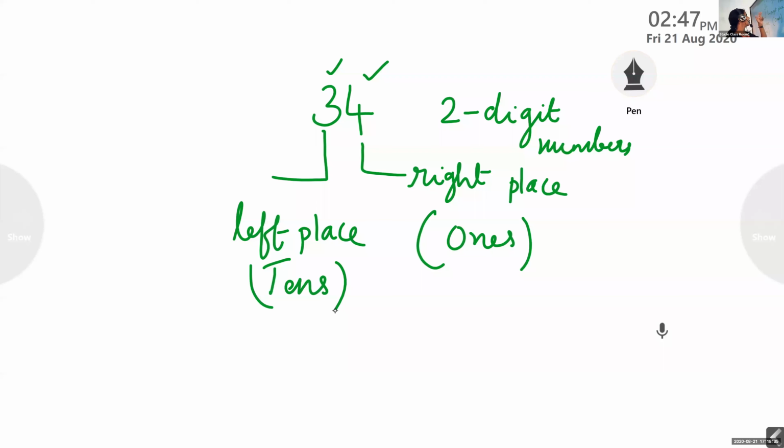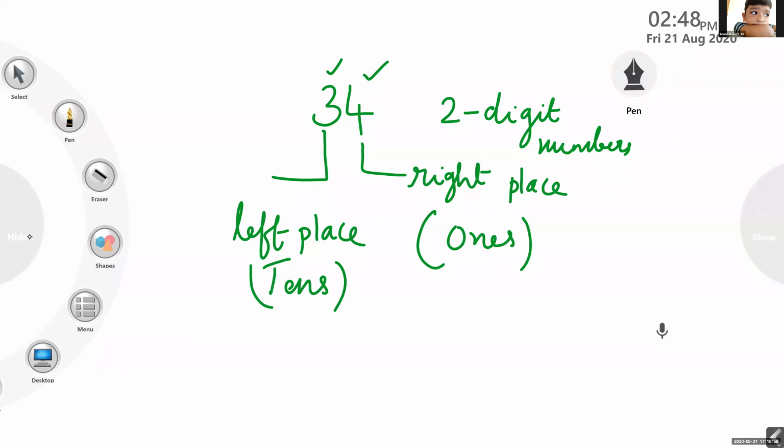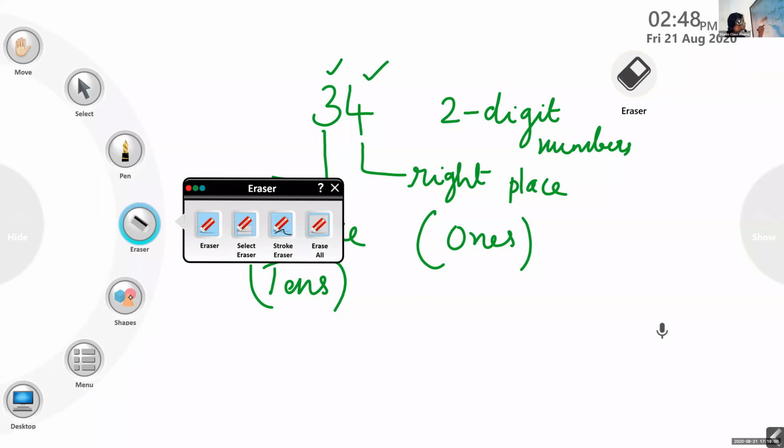We can also see 4 is in the right place, we will call it as ones place. 3 is in the left place, we will call it as tens place. Is it clear to you? Yes. Yes.